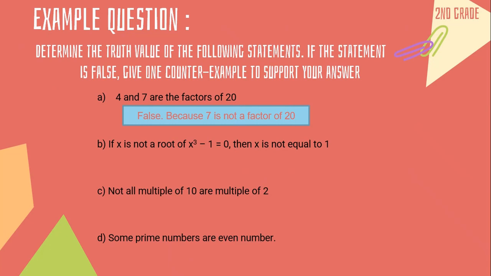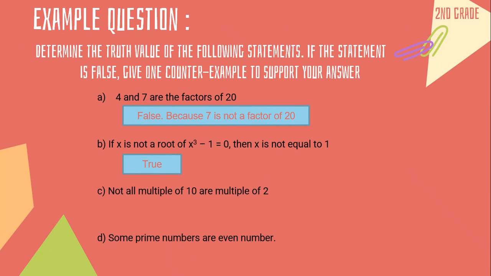Next, if x is not a root of x cubed minus 1 equals 0, then x is not equal to 1. This statement is true, so it does not need any counterexample because it is true.